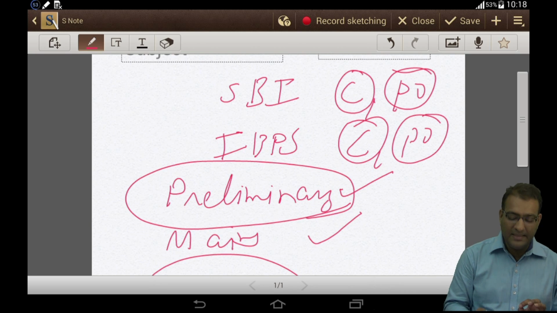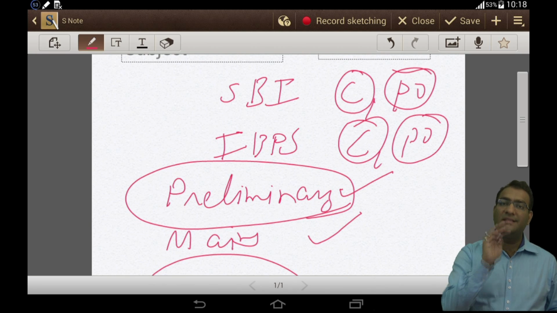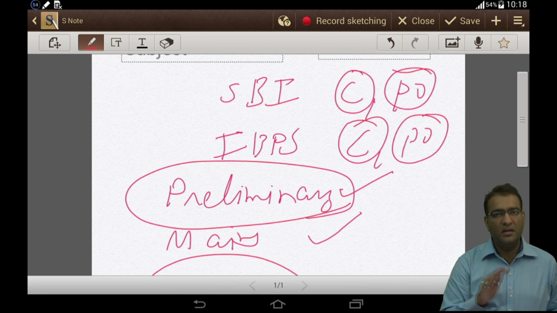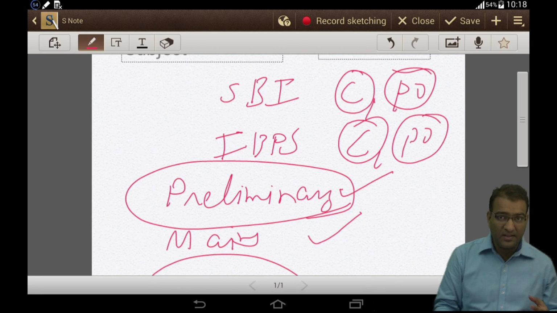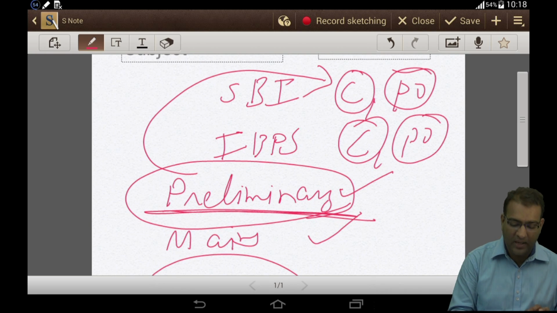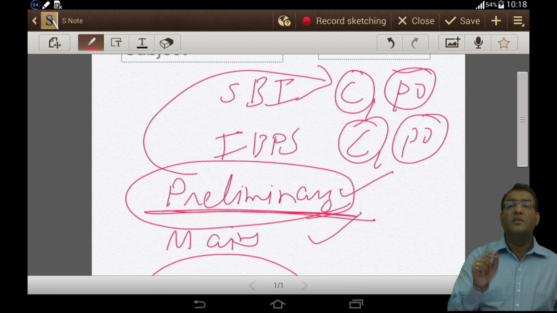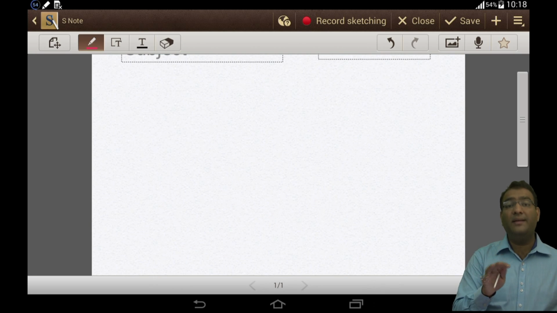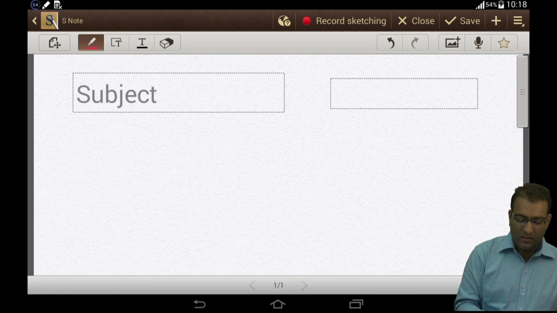Preliminary is the easiest of all, and for preliminary also the syllabus is the same. Same quant, same logic, same DI, everything is the same. So when we teach, we are not going to teach you for only the preliminary of SBI clerk. That's not possible. It cannot be done like that. So we always teach you at this level.